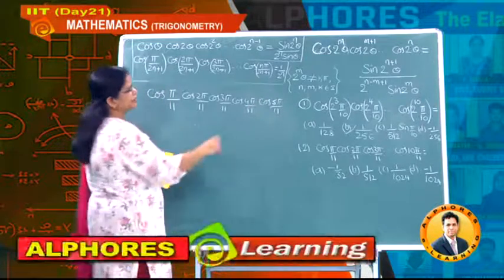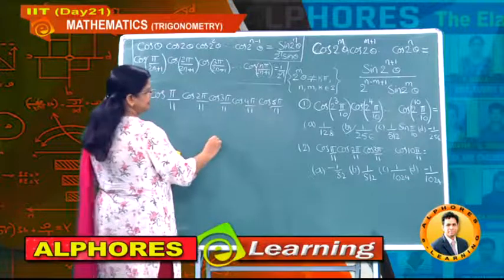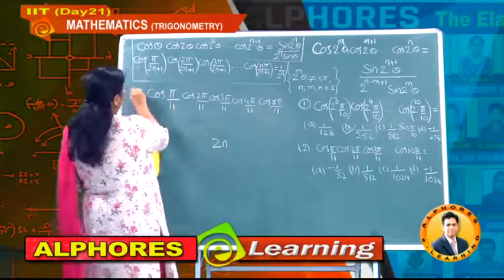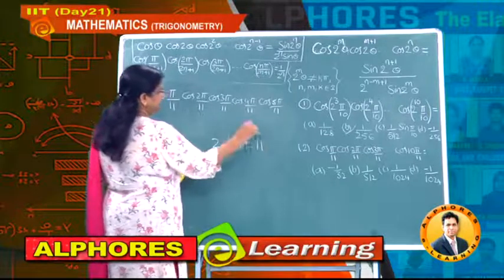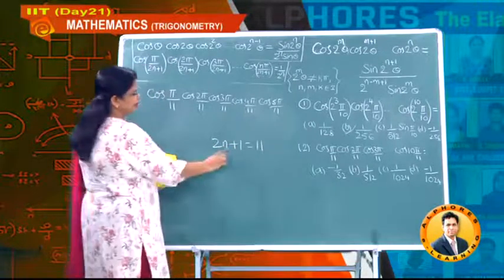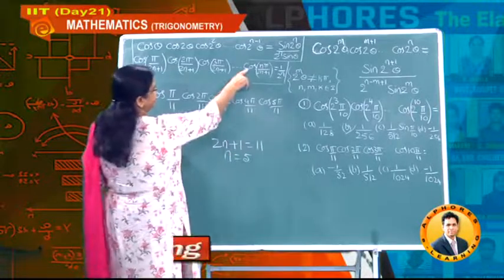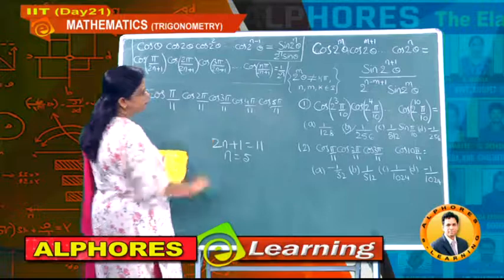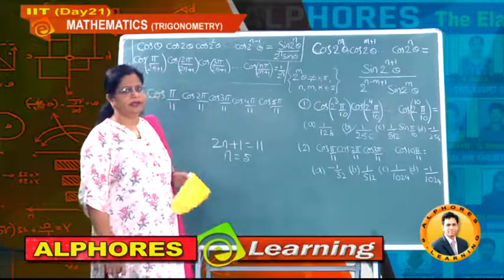What is the reason? 2n plus 1, and here it is n. What is our 2n plus 1 in the second problem? In the second problem 2n plus 1 is nothing but 11, and hence what is the n value here? 5. Therefore, we have to stop at 5, but they gave it till 10 pi by 11.